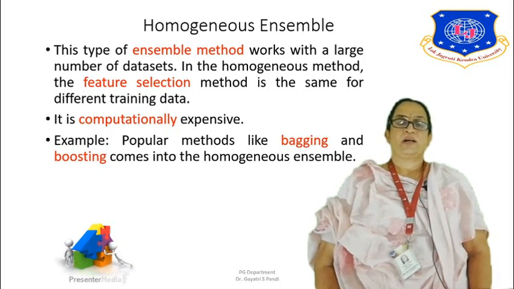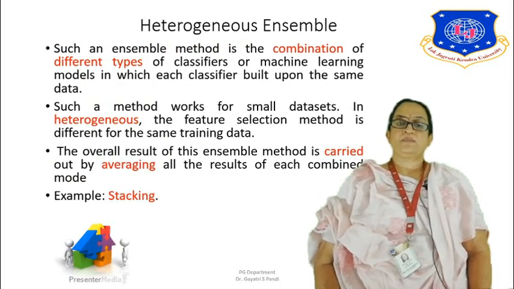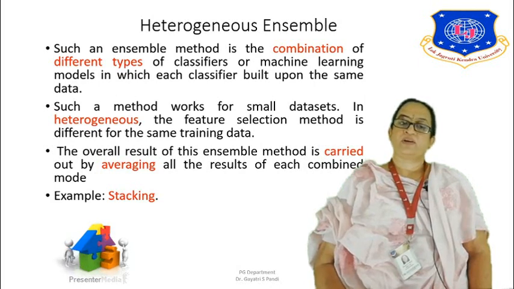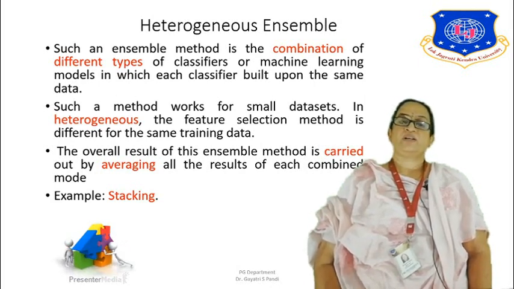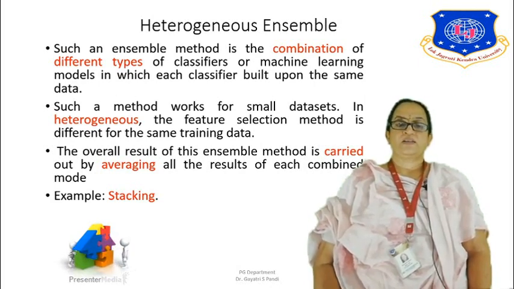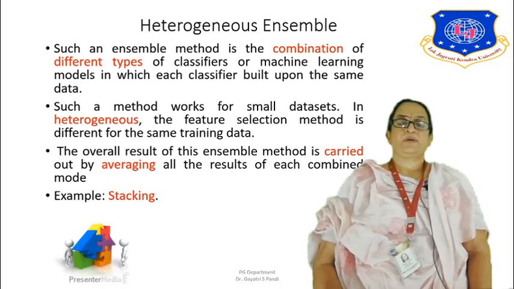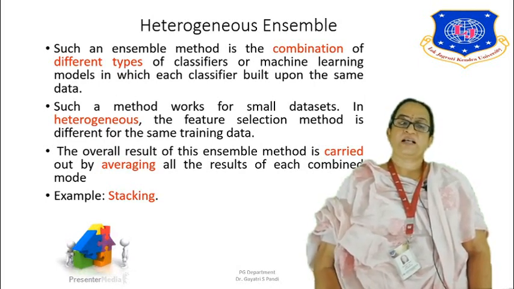Now let us see the heterogeneous ensemble. Such an ensemble method is a combination of different types of classifiers or machine learning models, in which each classifier is built upon the same data. So the data set given to the ensemble technique is the same, but there are different types of classifiers.